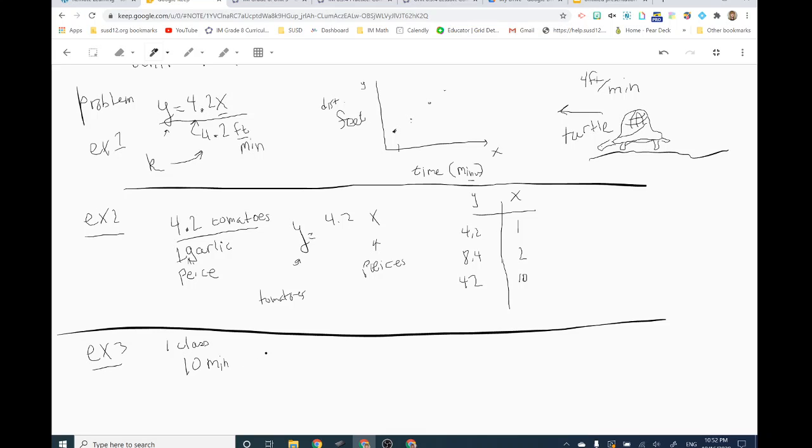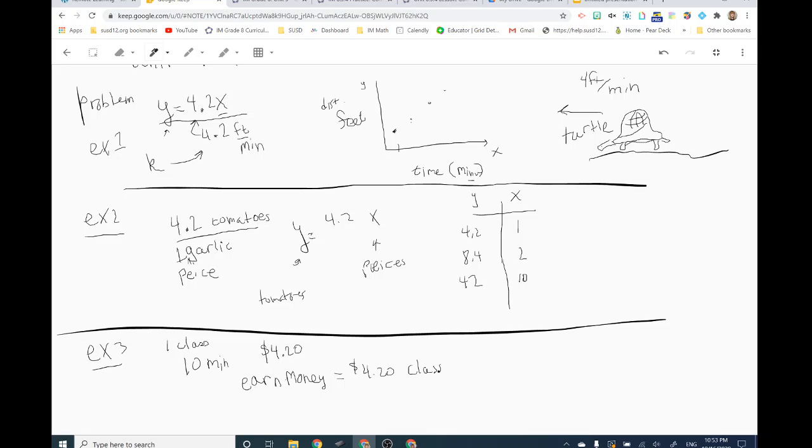One class is 10 minutes, and for each class, she earns $4.20. So she just teaches 10-minute classes over and over and over again. So the money that she earns is $4.20 times the number of classes.